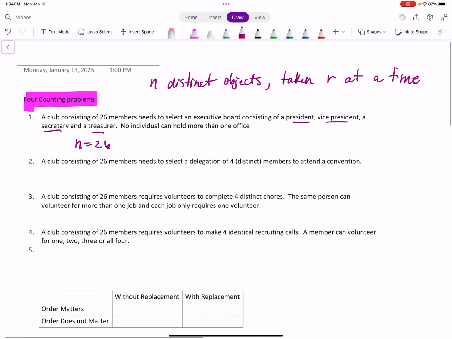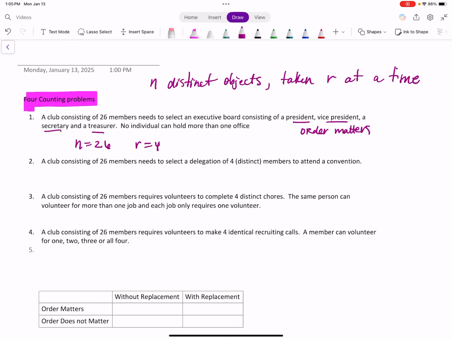I'm looking for groups of size 4, so my R is equal to 4. And they're not just in a group, they have been assigned a role, and that is telling us that order matters. Since we're using these people up, and no individual can hold more than one office, that's telling us that repetition is not allowed, or without replacement.